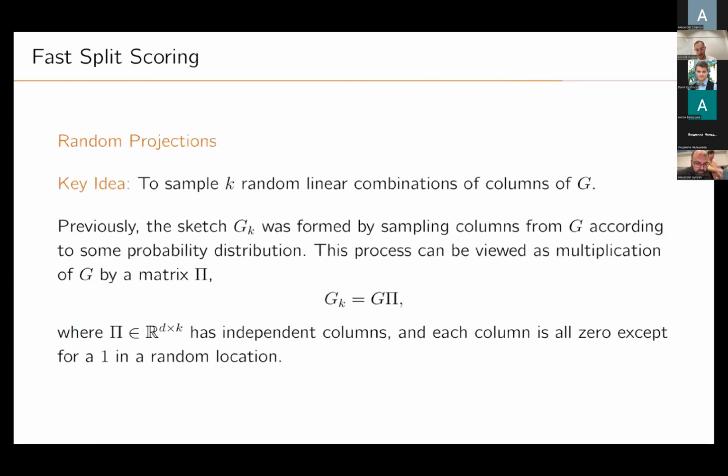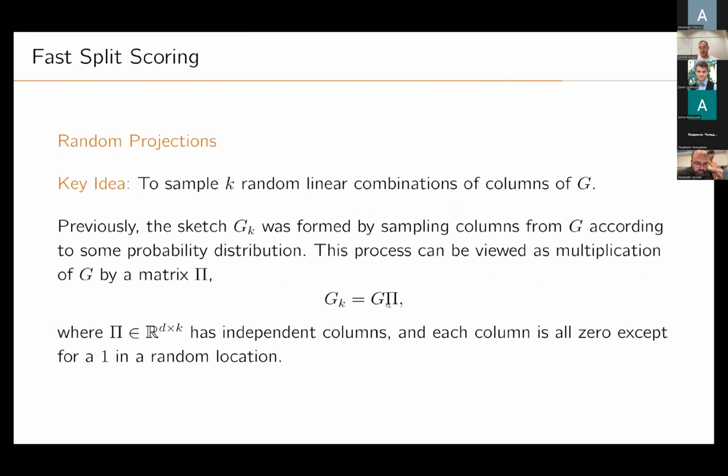And the last method, the last idea I'm going to talk about, is random projections. We can think of random projections in the following way. Random sampling can be considered as multiplication of matrix G by some other matrix pi.